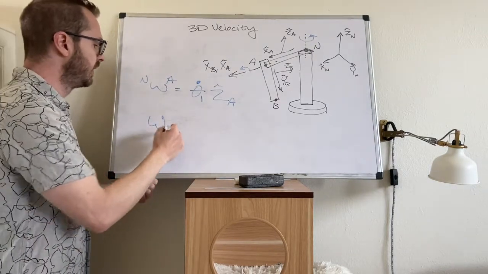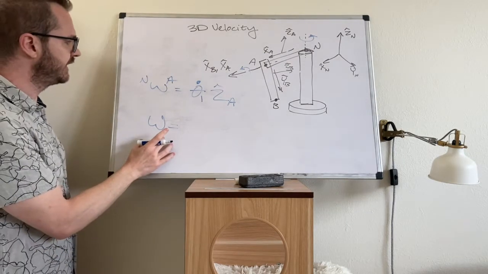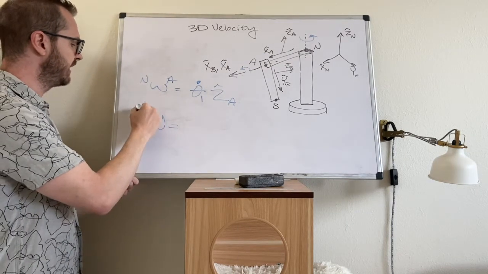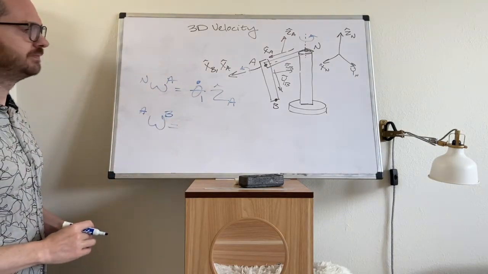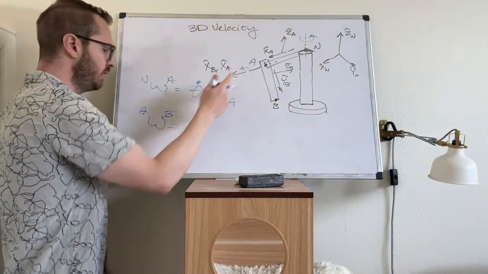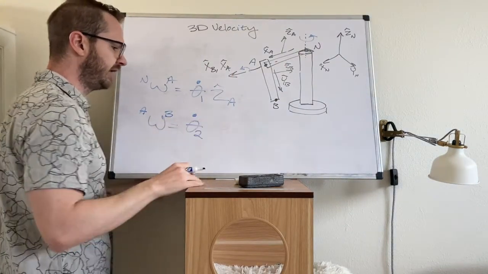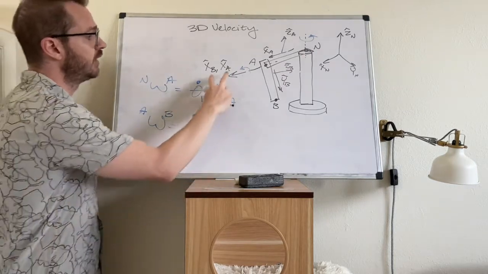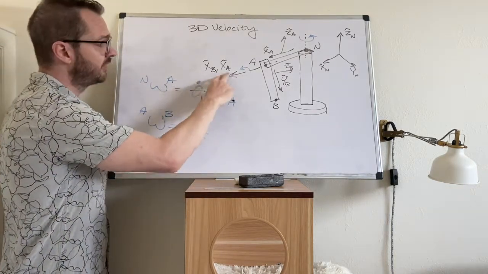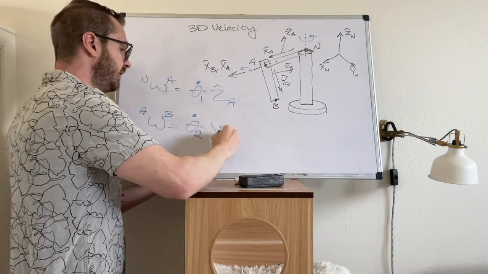Next, recall that we're using relative angles. So we define rotations from A to B, which means the angular velocity is A to B. What angle did we choose? We did theta 2. So this is theta 2 dot. And then what axis are we rotating around? We're rotating around these, and they're the same. So we can write it as XA or XB. It doesn't matter.